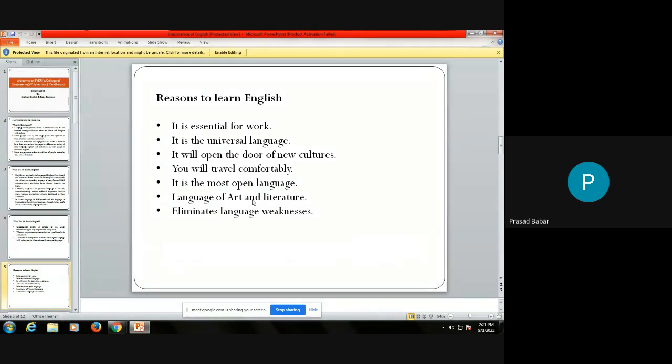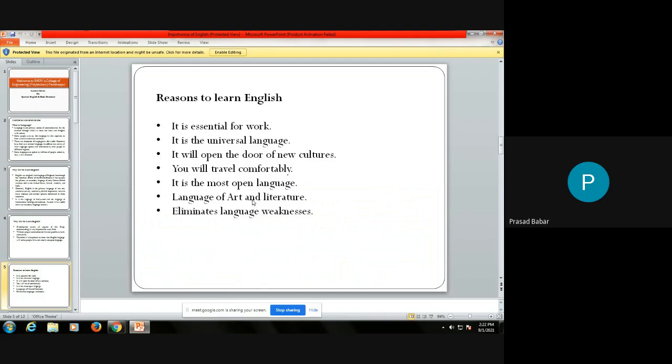Also roti, chapati is added in the English language as a foreign word. Okay, so it is the most open language. They are adding other language words in English also. So that is why it is the most open language.